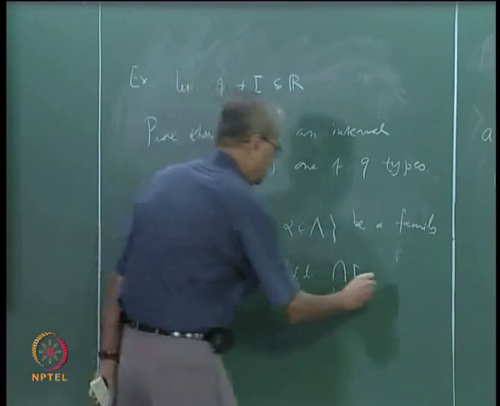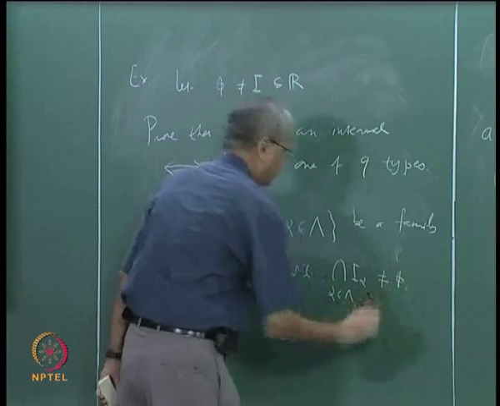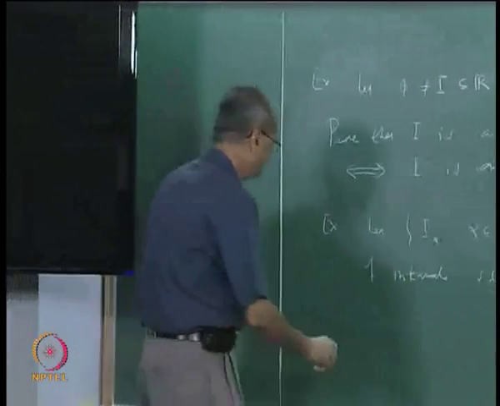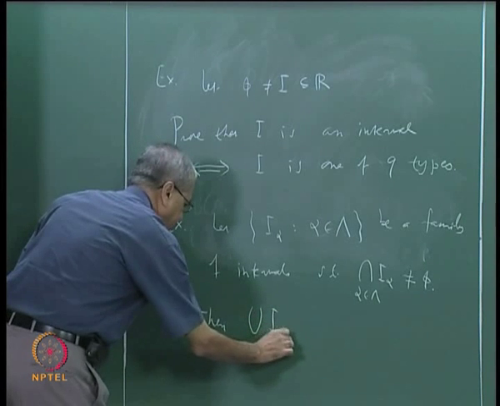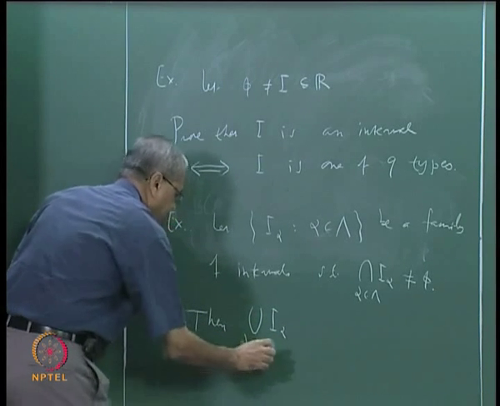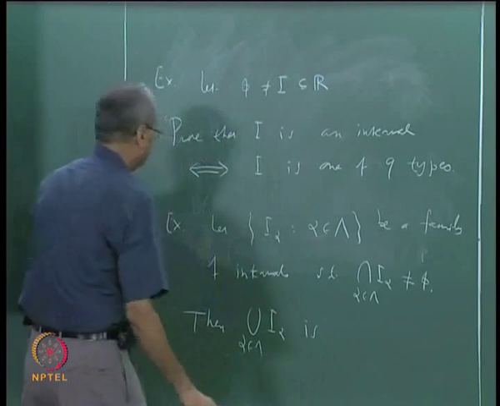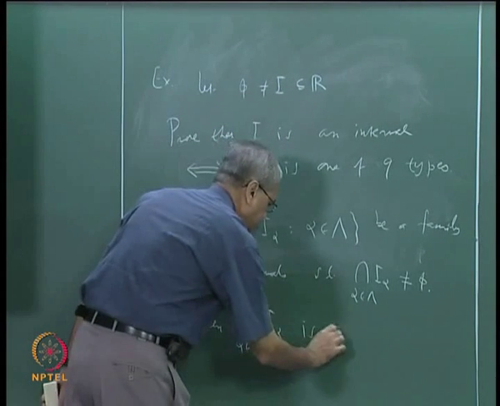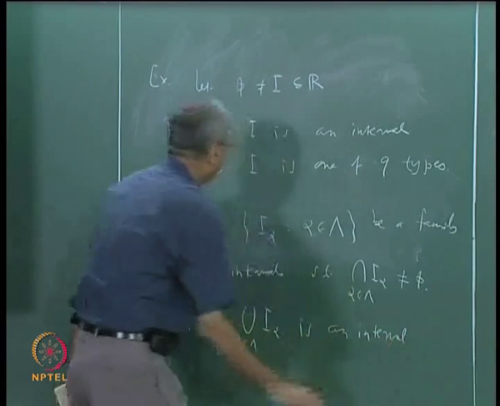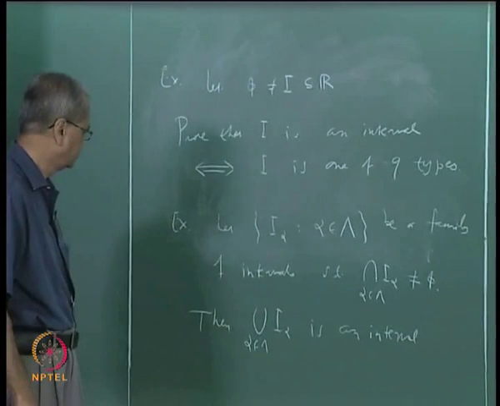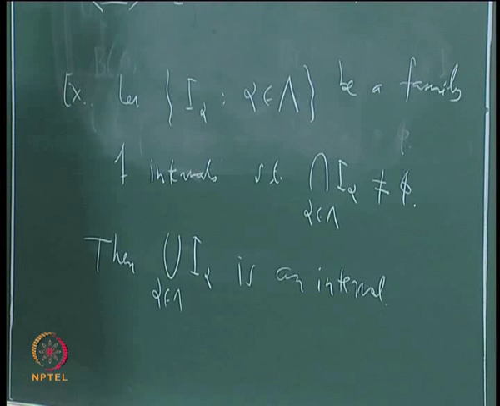Then the union of I alpha over alpha in lambda is an interval. Of course I have not written prove that, that is understood. That is the exercise.